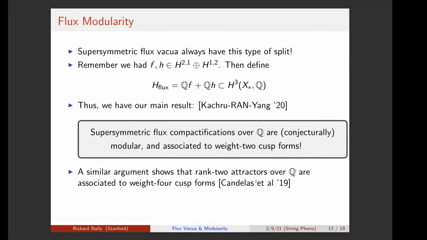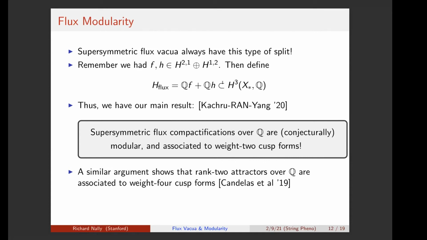But that always happens in supersymmetric flux vacua. The definition of a supersymmetric flux vacuum implies that our fluxes, F and H, are in H^{2,1} plus H^{1,2}. So we take their Q span, and we have a subspace, H_flux, inside H3 of X over Q, such that everything in this subspace has Hodge type (2,1) plus (1,2).